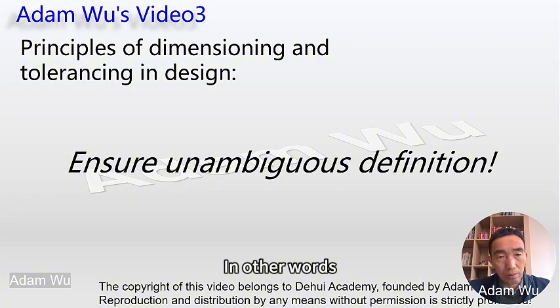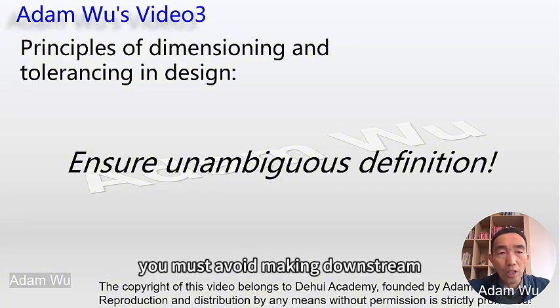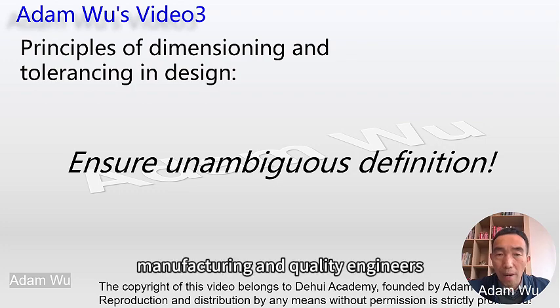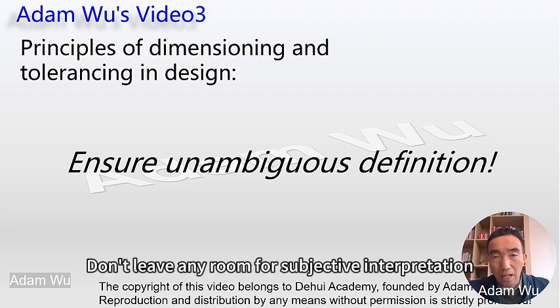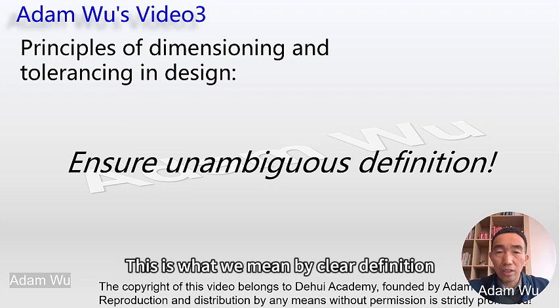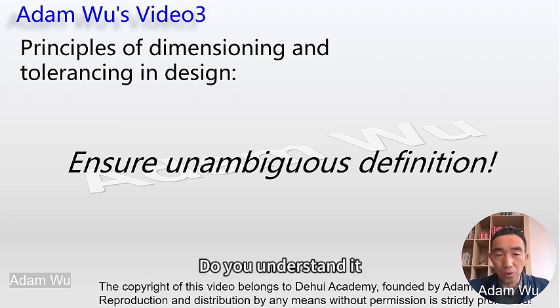In other words, as a design engineer, you must avoid making downstream manufacturing and quality engineers guess your intent. Don't leave any room for subjective interpretation. This is what we mean by clear definition. Do you understand it?